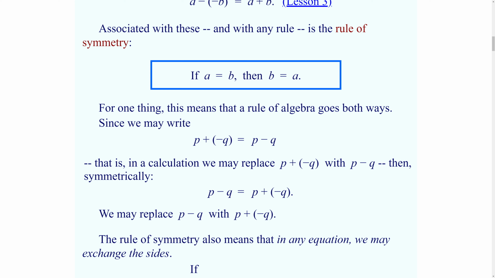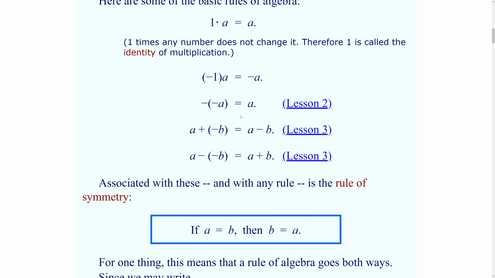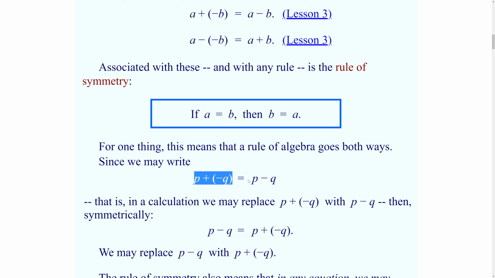So for one thing, this means that a rule of algebra goes both ways, since we may write P plus negative Q as P minus Q. Remember here, we rewrote the form of this, A plus negative B, as A minus B. So we just rephrased that particular rule.